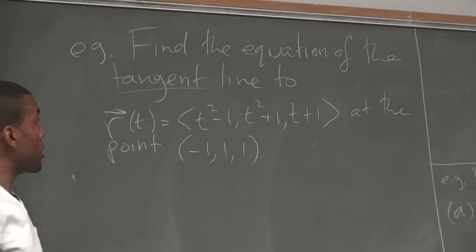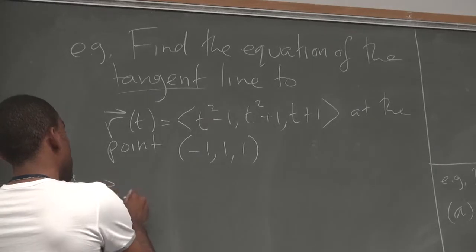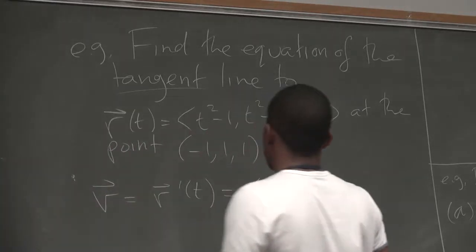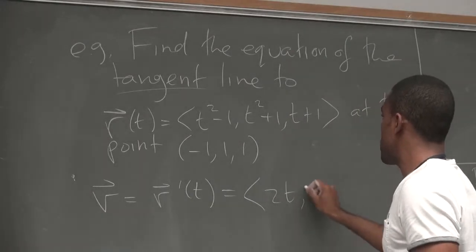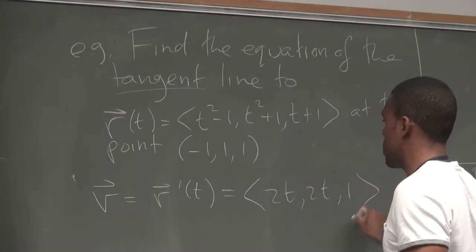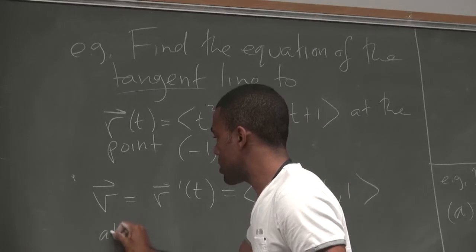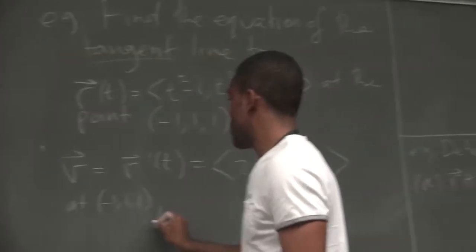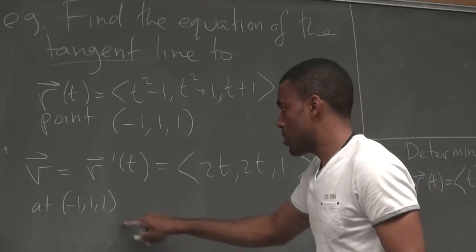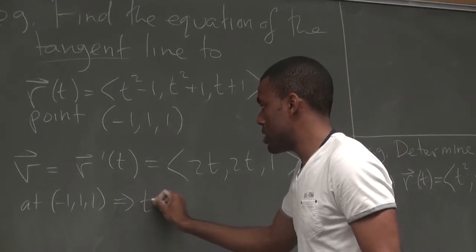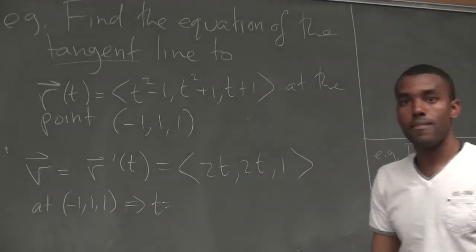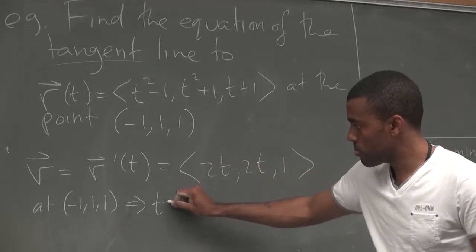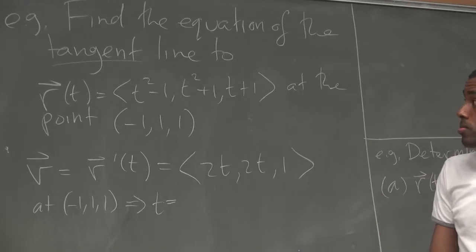So our v is going to be given by r prime, which is 2t, 2t, 1. All right, so at minus 1, 1, 1, which means t is equal to what? To get to that point, what do I have to make t equal to?